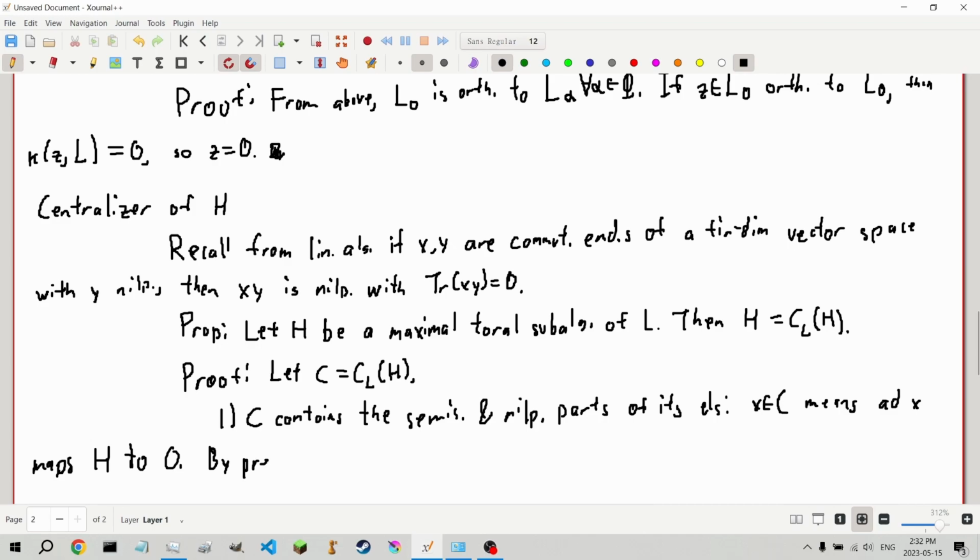By previous results, so must both the semi-simple component of the adjoint of x and the nilpotent part of the adjoint of x.